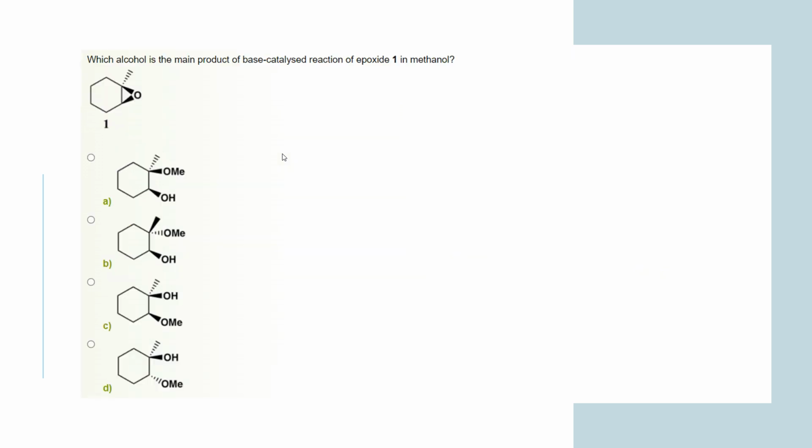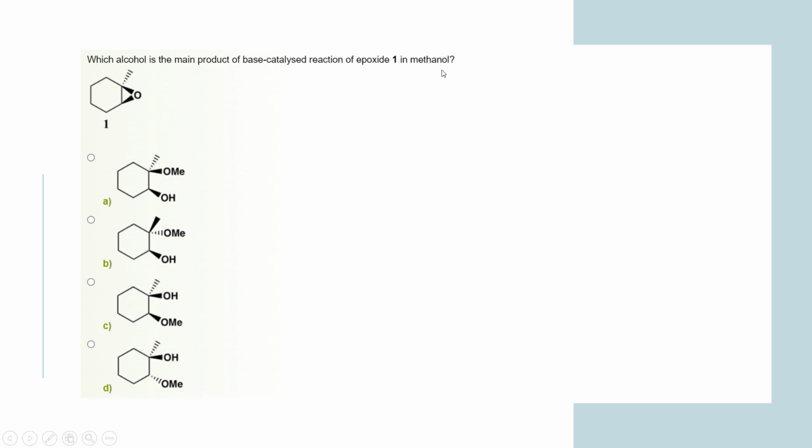After that, another question is here, which will be involving opening of epoxide. Which alcohol is the main product of base catalyzed reaction of epoxide in methanol? We have already studied a lot of epoxide ring opening reactions, so I hope this question will be very easy for you.